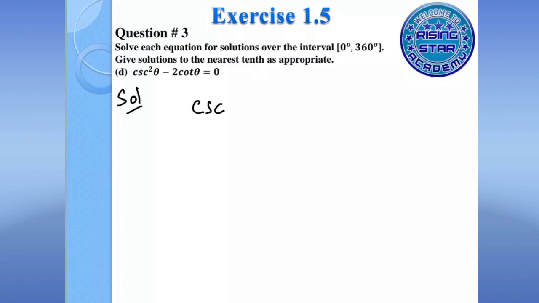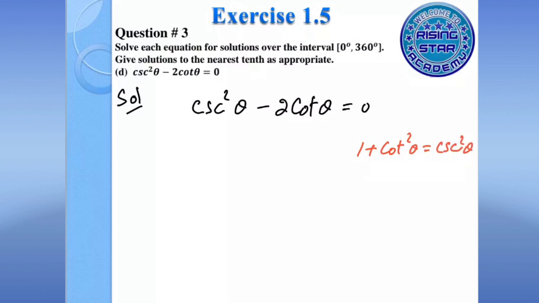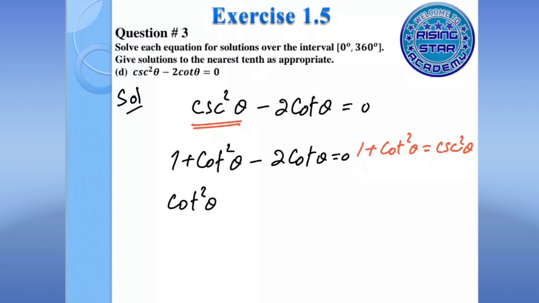So we have cosecant square theta minus 2 cot theta equals 0. We know the identity, 1 plus cot square theta equals cosecant square theta. So I would replace this cosecant square theta with 1 plus cot square theta, minus 2 cot theta equals 0. I will rearrange it: cot square theta minus 2 cot theta plus 1 equals 0.